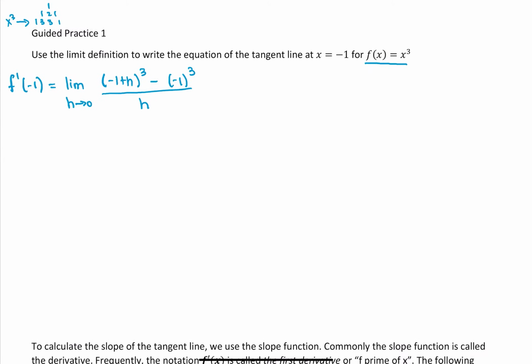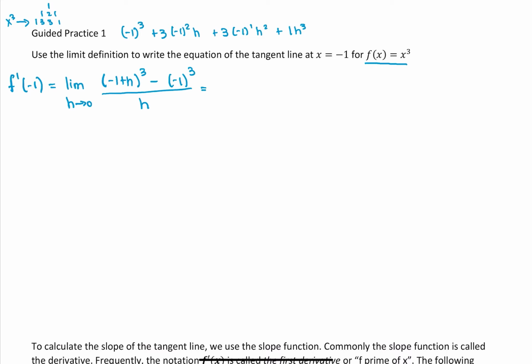So what we're going to get is negative 1 cubed plus 3 times negative 1 squared times h plus 3 times negative 1 to the first power times h squared plus 1 times h cubed. The powers always add up to 3. If you just multiplied it out, it's not a big deal.